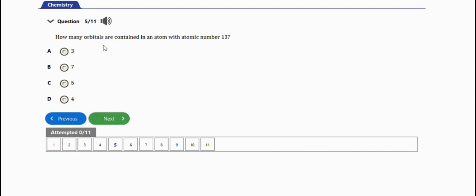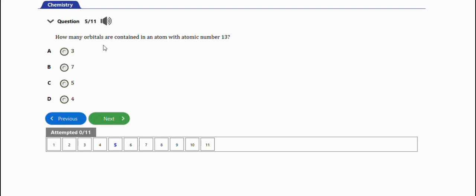Next question will be this one. It says how many orbitals are contained in an atom with atomic number 13? So atomic number 13 gives aluminium. Now, if you want to represent the electronic configuration or distribution of this atom, you're going to have 2, 8, and 3.